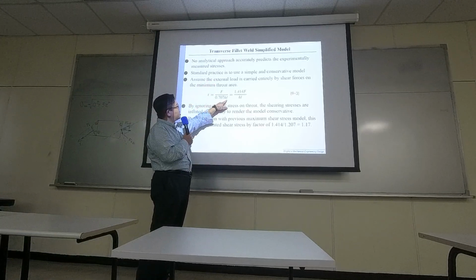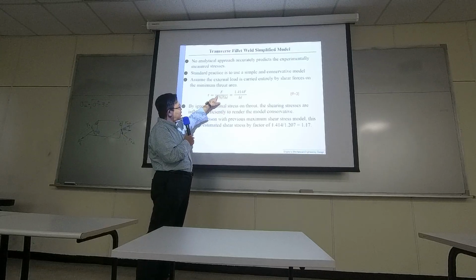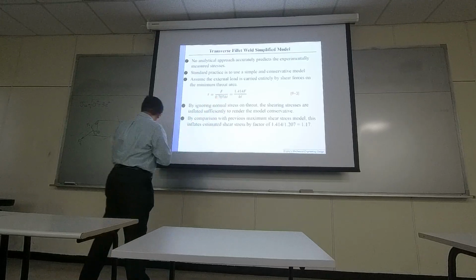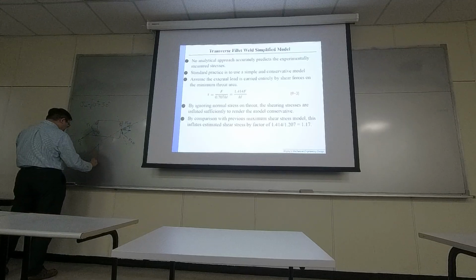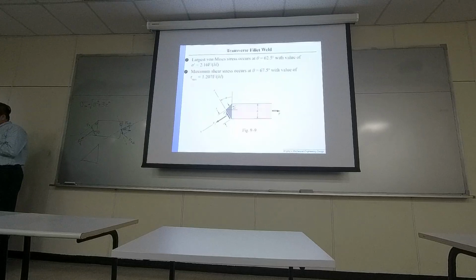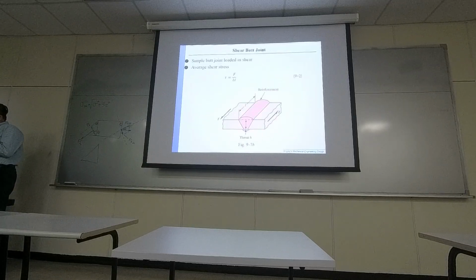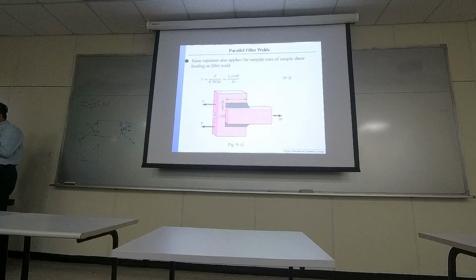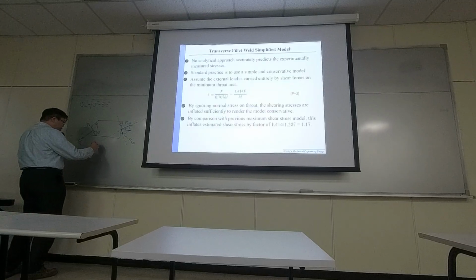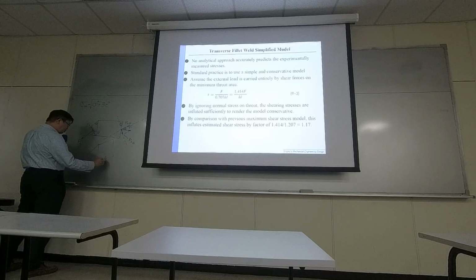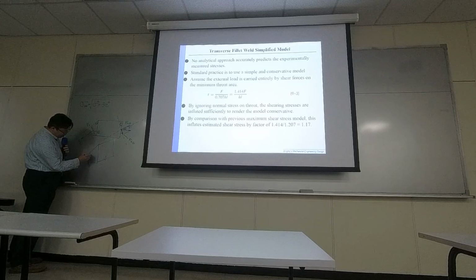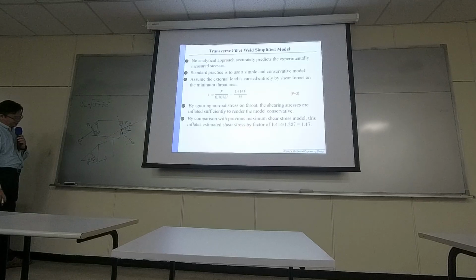So that's why your cross-section area is right at the 45 degree. So this is your welding material, right? So here is H and here is L. So we are studying right at the 45 degree. So what's the length of it?